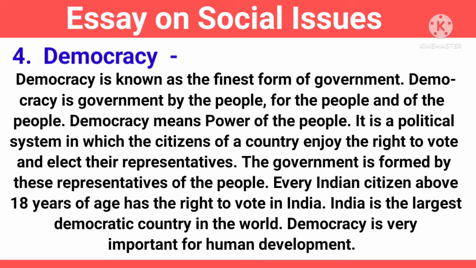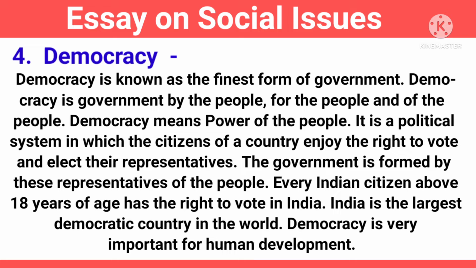Fourth point is democracy. Democracy is known as the finest form of government. Democracy is government by the people, for the people and of the people. Democracy means power of the people. It is a political system in which the citizens of a country enjoy the right to vote and elect their representatives.